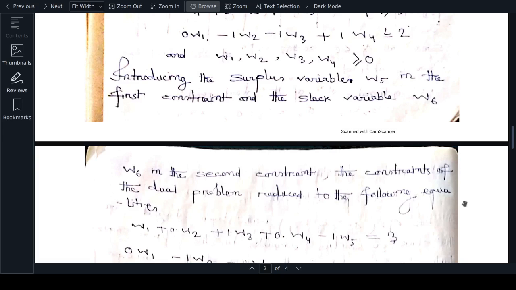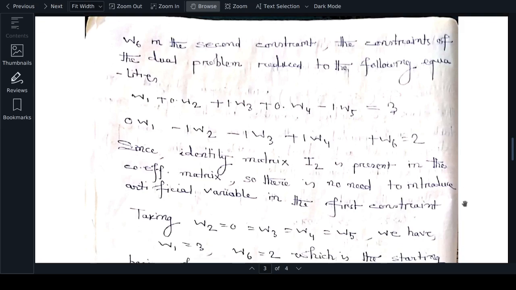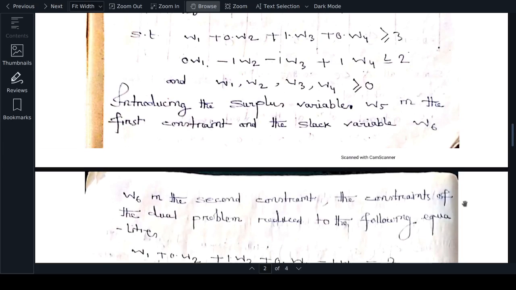So why we will not use an artificial variable is mentioned on the next page. W6 in the second constraint. The constraints of the dual problem reduce to the following equations. The first constraint will be W1 plus 0 into W2 plus 1 into W3 plus 0 into W4 minus 1 into W5 equal to 3.